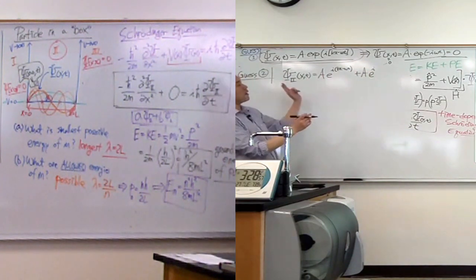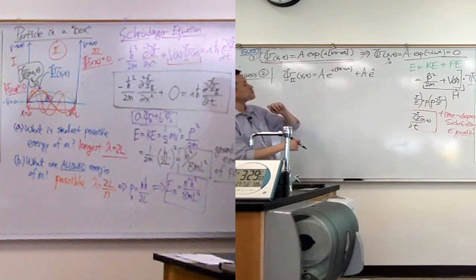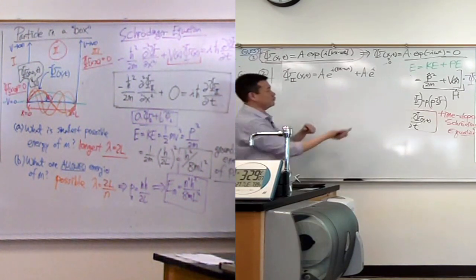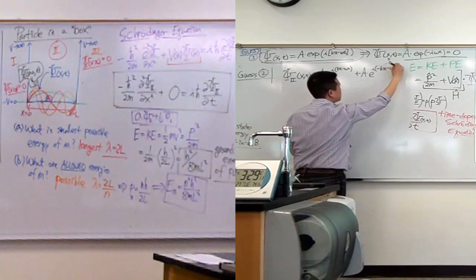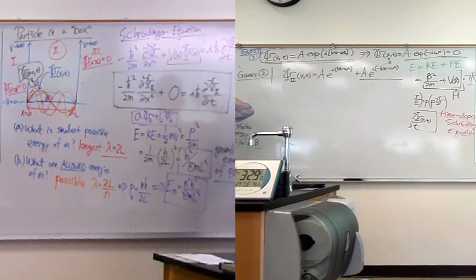If it's going the other way, I can do it two different ways. Which one do I prefer? I prefer this: minus kx minus omega t. Does everyone see that this wave is traveling to the left, in the negative x direction?